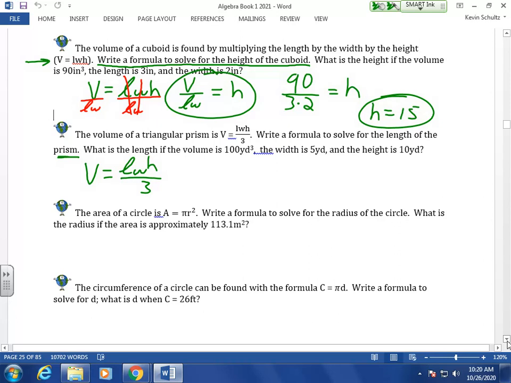So let's go ahead and actually plug these other things in here. 100 equals 5, or L, I should say. Length comes first. L times 5 times 10 divided by 3.